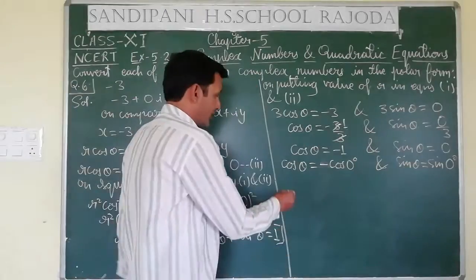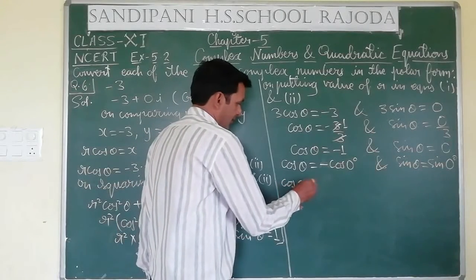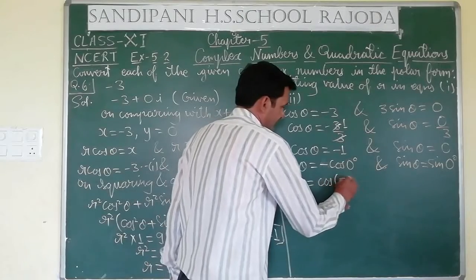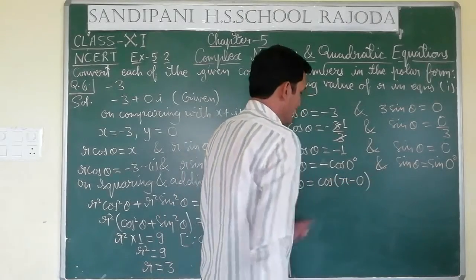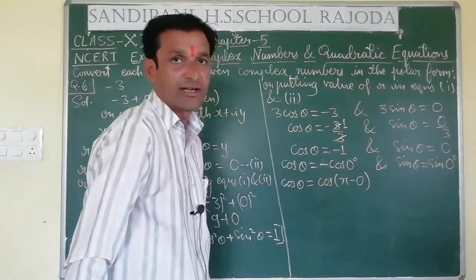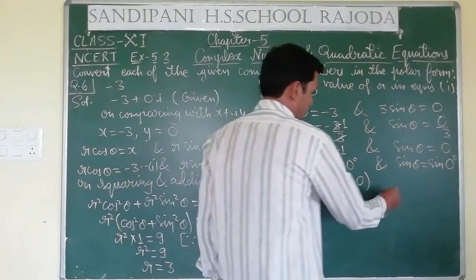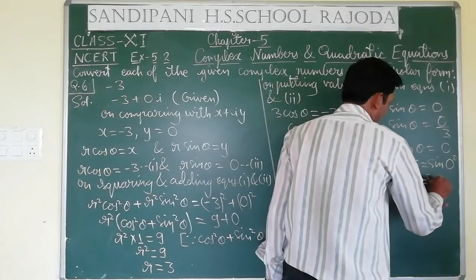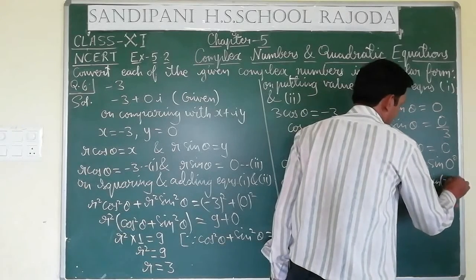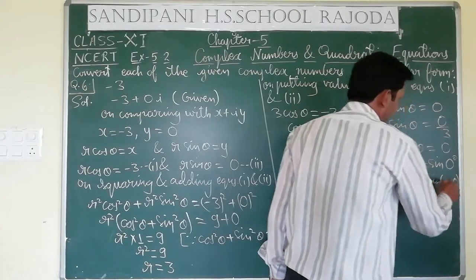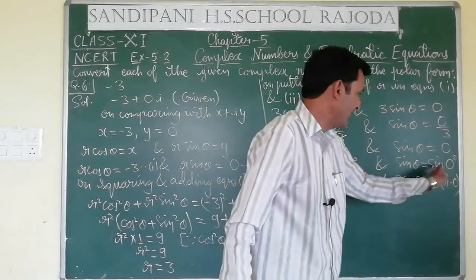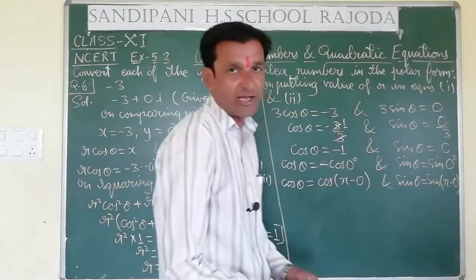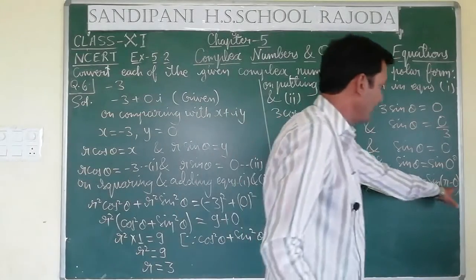So for this, write it like this: cos theta is equal to cos(180 minus 0). I can write it like this because cos(180 minus theta) is minus cos theta, and sin theta is equal to sin(pi minus 0), 180 minus 0. Sin(180 minus 0) is sin 0 only, because in the second quadrant sin and cosec are positive. This is the second quadrant, 180 minus theta.